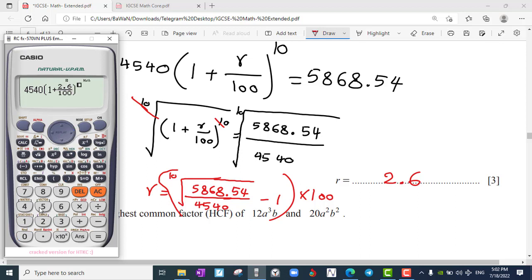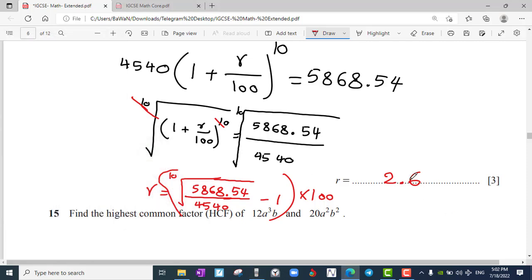Close the bracket, power 10. Yeah, 5868.53, and it's rounded to 54. So this value of R is correct. 3 marks.